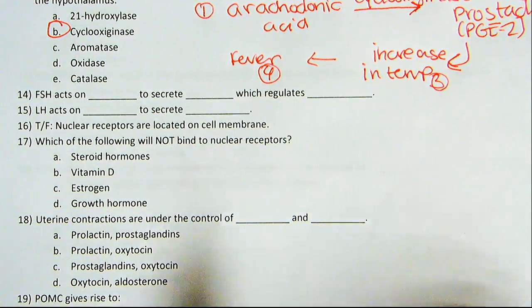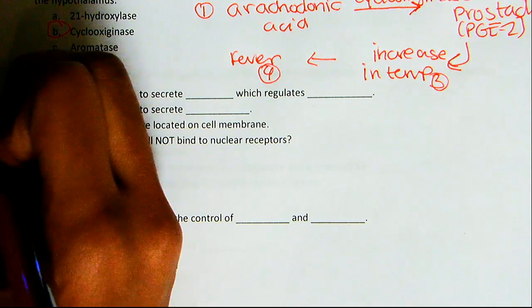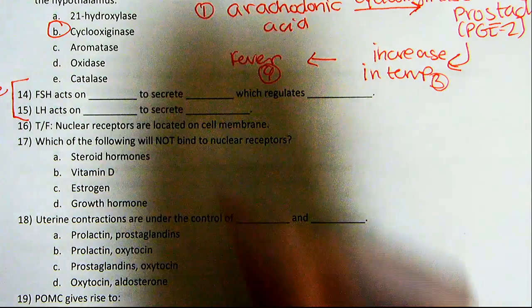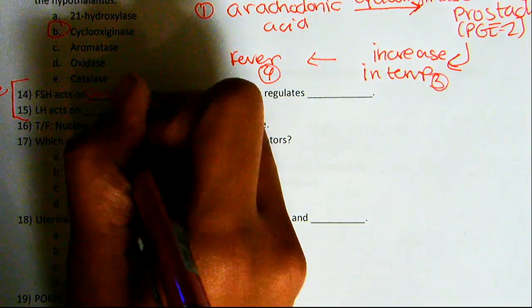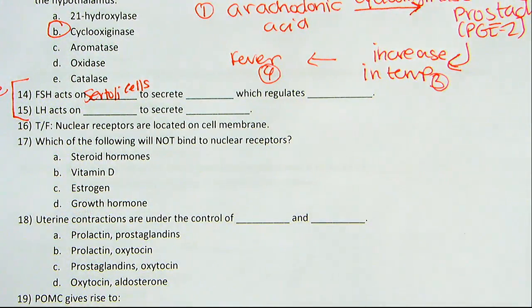Number 14 and 15 involve the male reproductive system. So FSH, which is the follicle stimulating hormone, acts on which cells to secrete what? Which regulates what? So what does FSH act on? Sertoli cells. To secrete what?